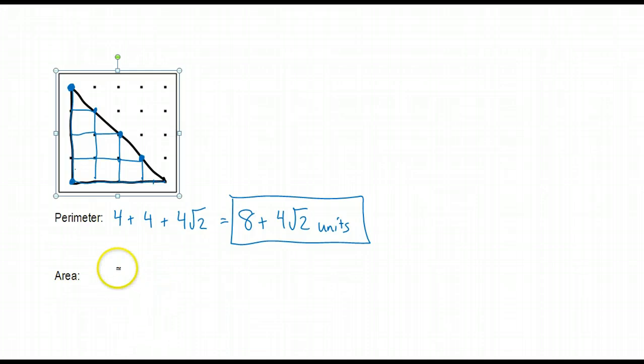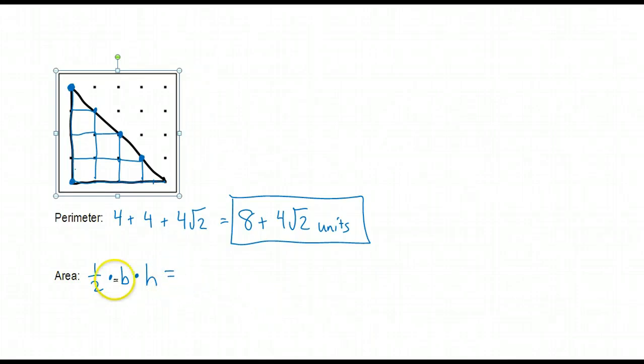Or I can use the formula for the area of a triangle. A triangle is half of a rectangle, so the formula is going to be 1/2 length times width. But I'm not going to call the length of the triangle its length; I'm going to call it the base. And the width, I'm going to call the height.